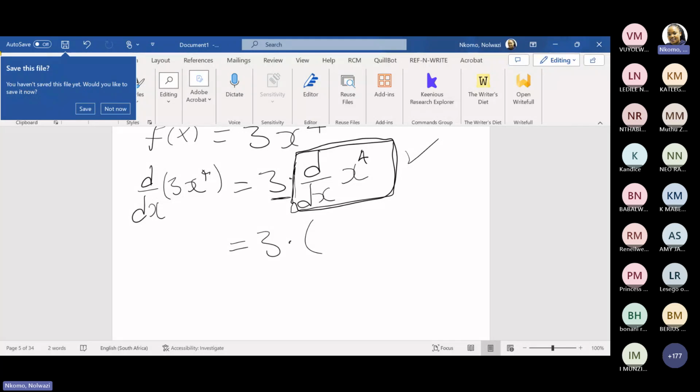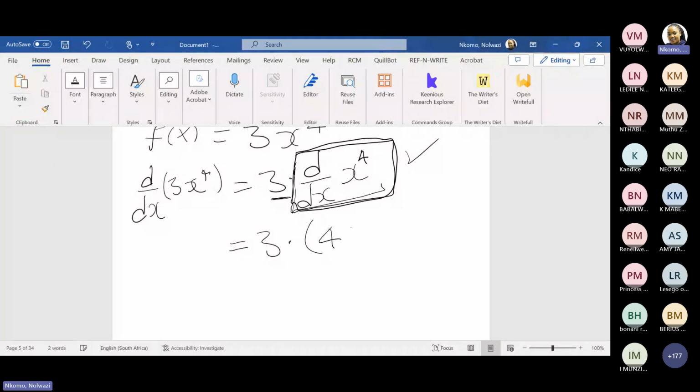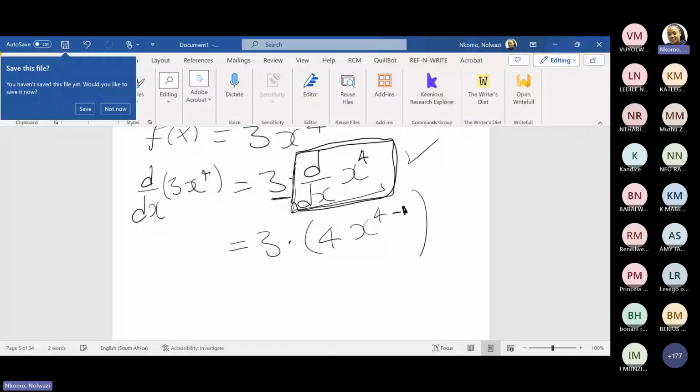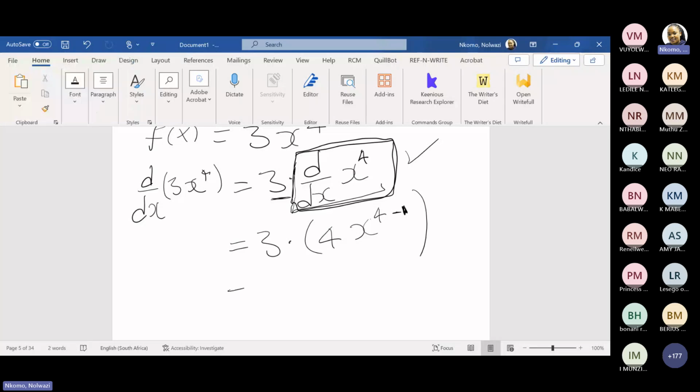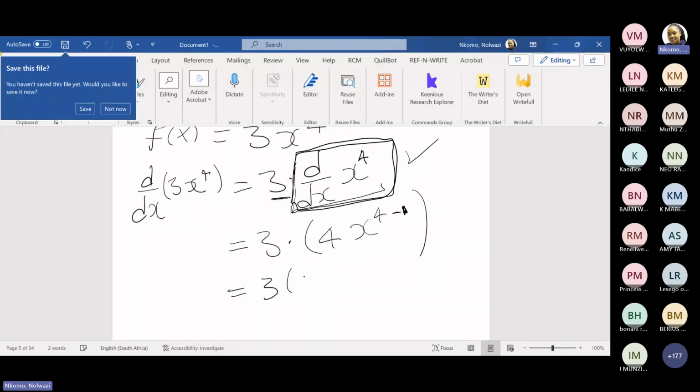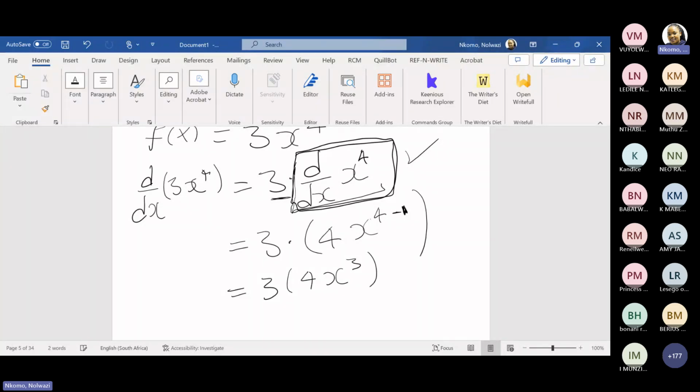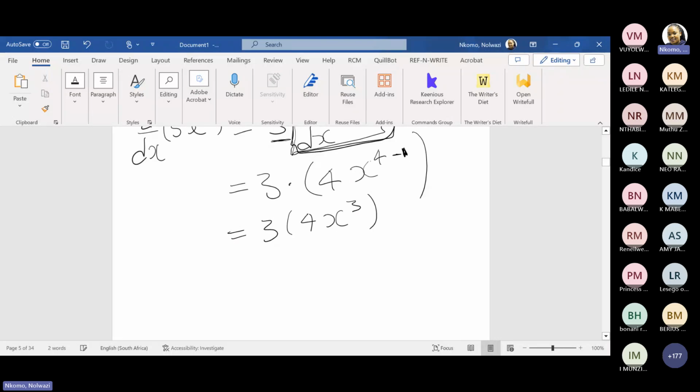So we'll have 3 times 4x to the power 4 minus 1. Then you simplify further. This would be 3 times 4x^3. Again, another step, we simplify. This would be 12x^3.